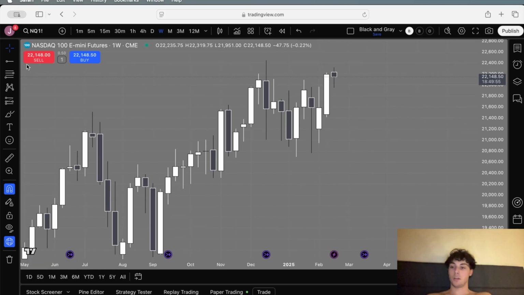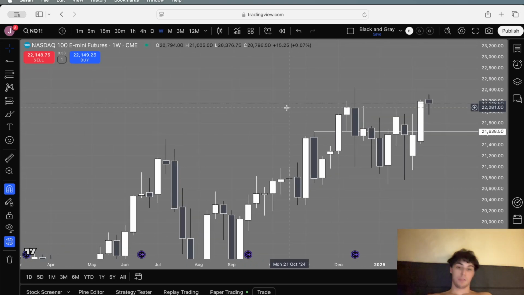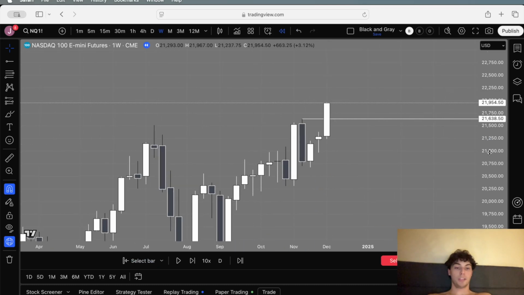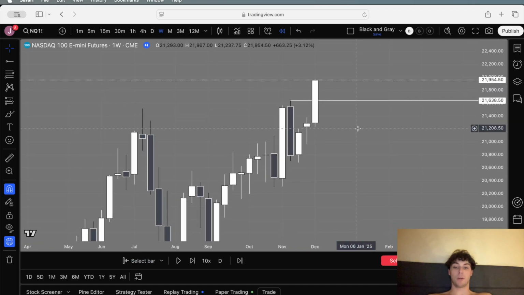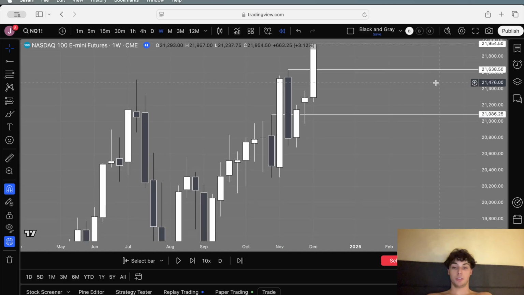So right here, let's go like this. Price breaks structure on the weekly time frame right here, correct? What do we have right here? I'm going to consider this a high, even though this is a doji.